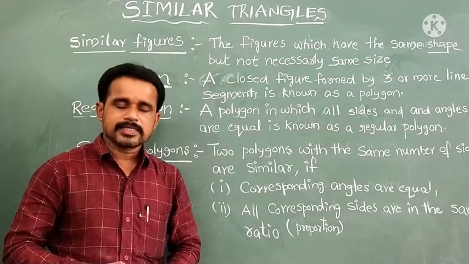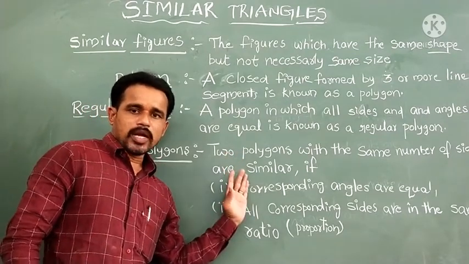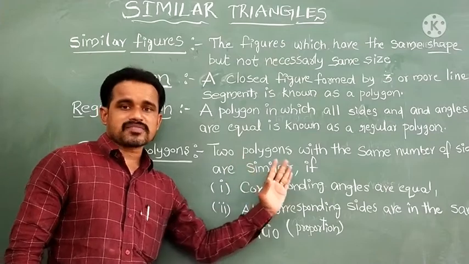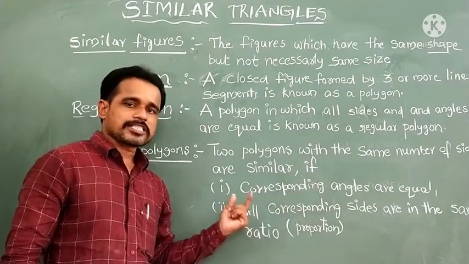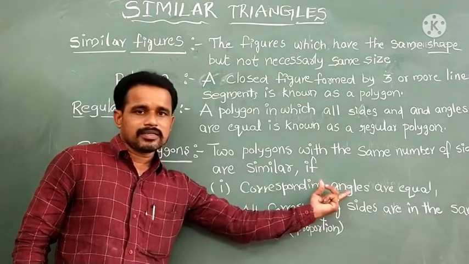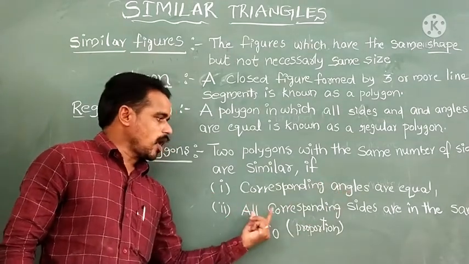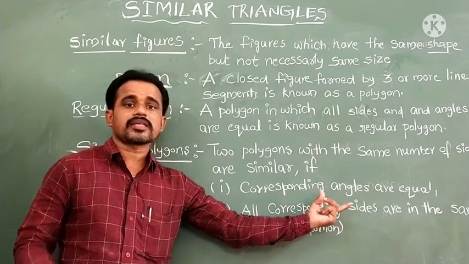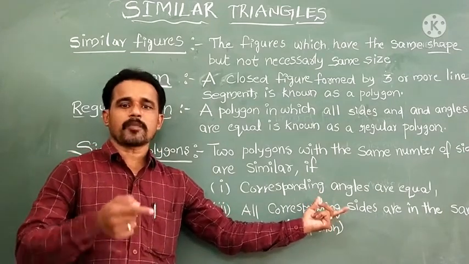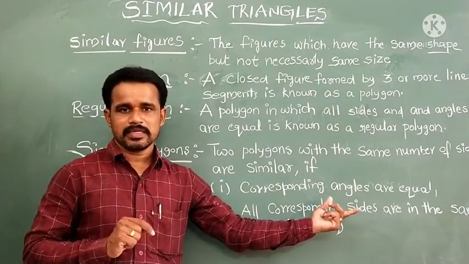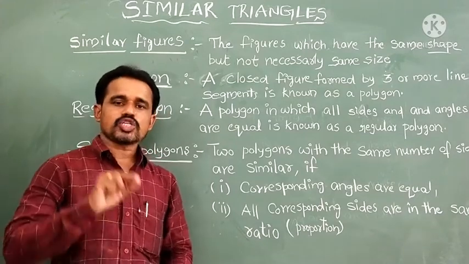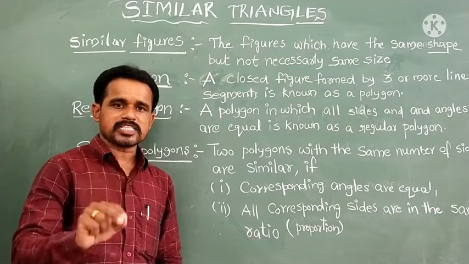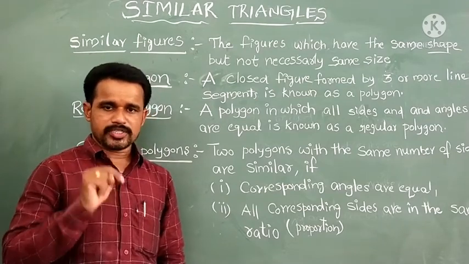Are you following, friends? Yes. Two polygons with the same number of sides are similar if corresponding angles are equal. The second one is all corresponding sides are in the same ratio. That means in proportion. If two polygons are said to be similar, those two polygons need to satisfy two conditions.